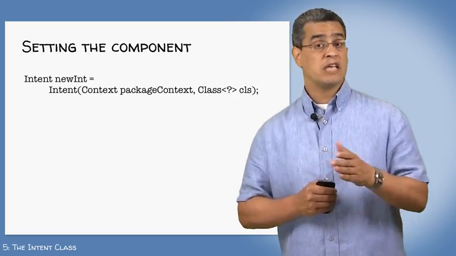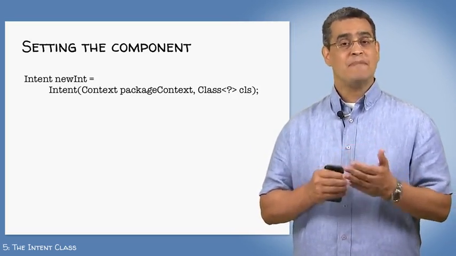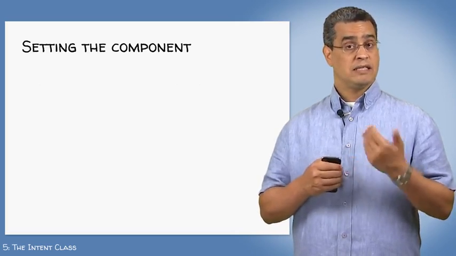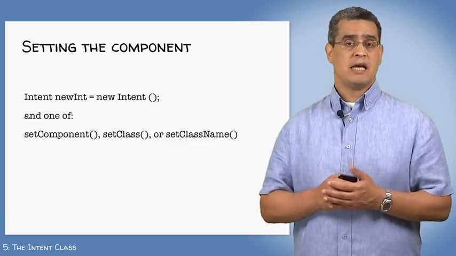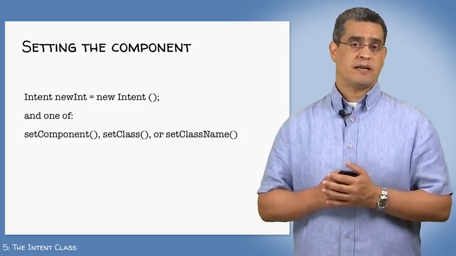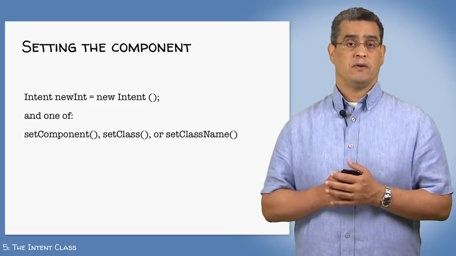And we'll see a code example of this in a few minutes. You can also create an empty intent and then use one of the setComponent, setClass, or setClassName methods to set that target activity. Intents also have an extras field.